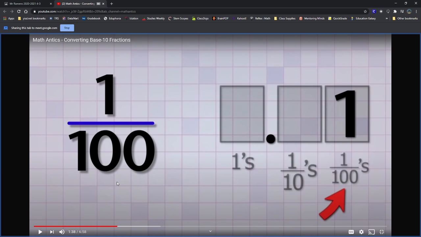But notice how this is a little bit different. Our denominator is 100 now. So we're not putting our numbers into the tenths place, we're putting them into the hundredths place. Still the same thing. If our numerator is a 1, the number in the hundredths place is a 1.